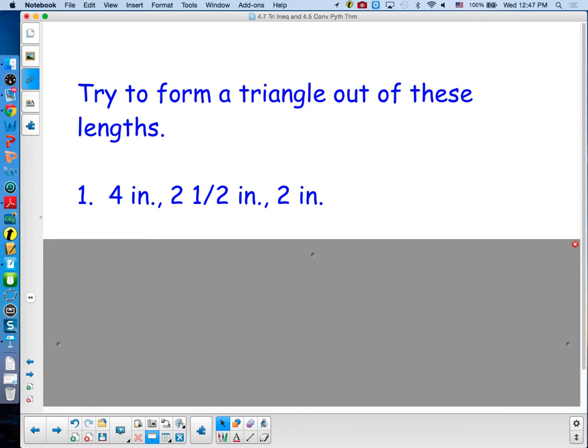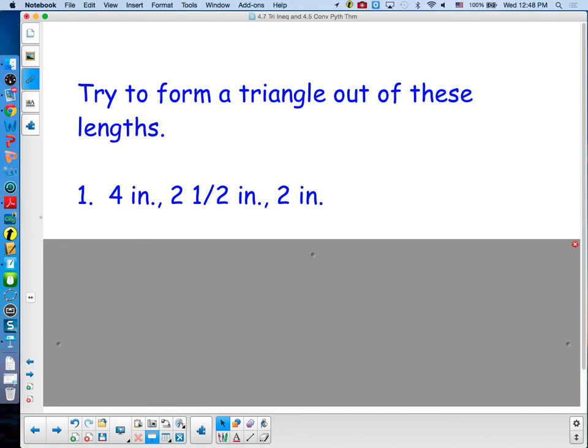So now set your compass at 2 inches, and from the right hand, point B, make an arc for 2 inches. Did your 2 arcs cross? Yes. And it probably doesn't look exactly like mine.